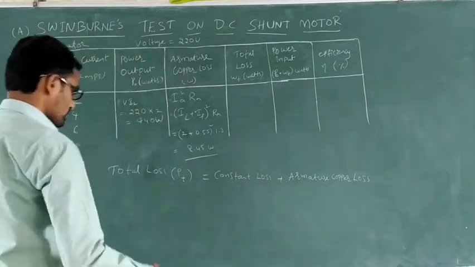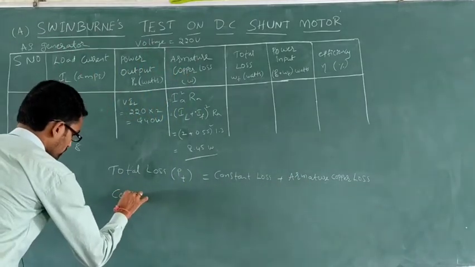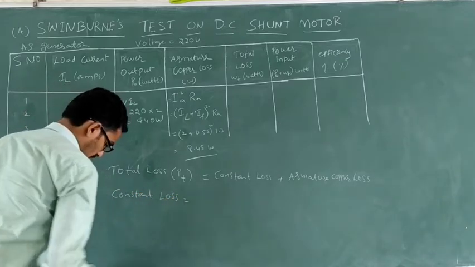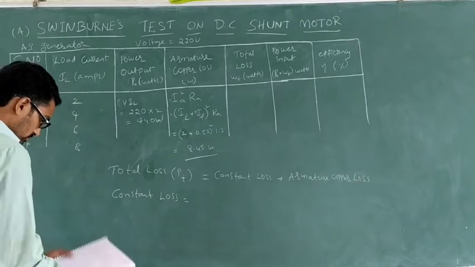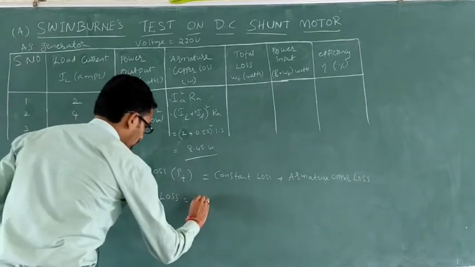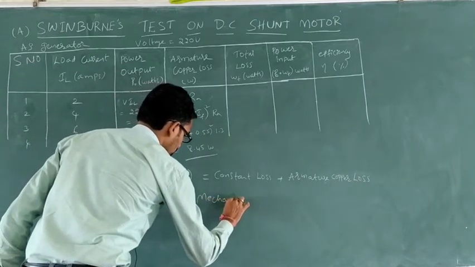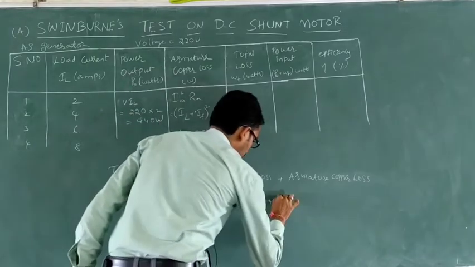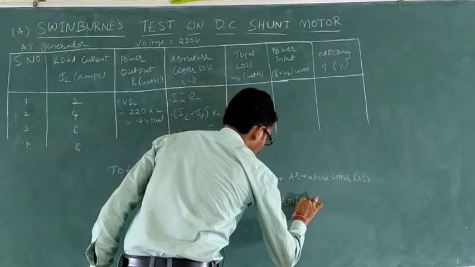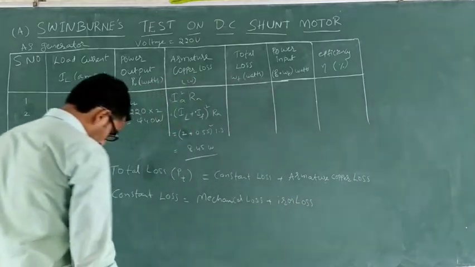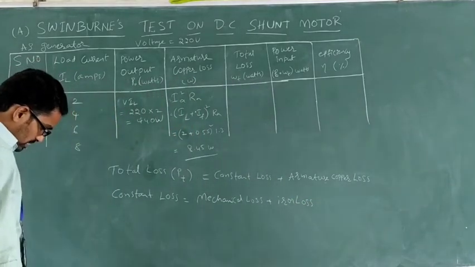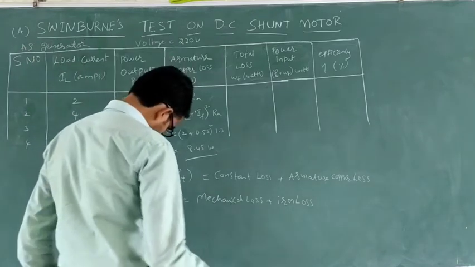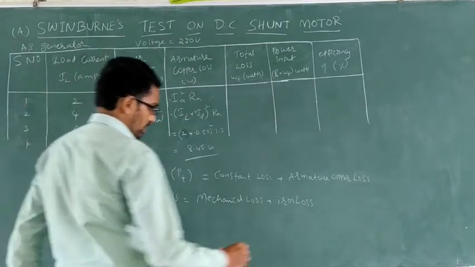So first, if I consider the constant losses, the constant loss formula is mechanical loss plus iron loss, which is a constant loss, and there is an addition of field copper loss.